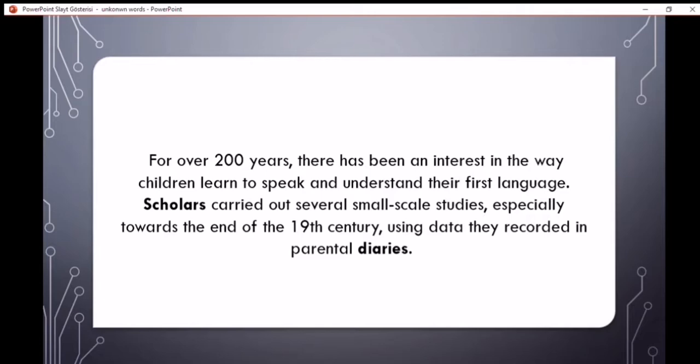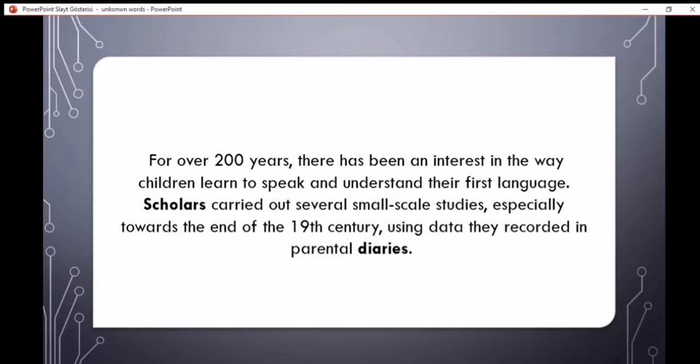But it's not possible that researchers or linguists or scientists followed and recorded parents' diaries so they can learn how a child learns to speak and understand the first language. That would not be very possible. That's why we can simply assume that this diaries here has a different meaning.